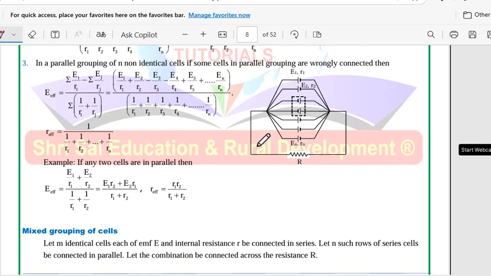See, this diagram will show the cells in parallel combination.